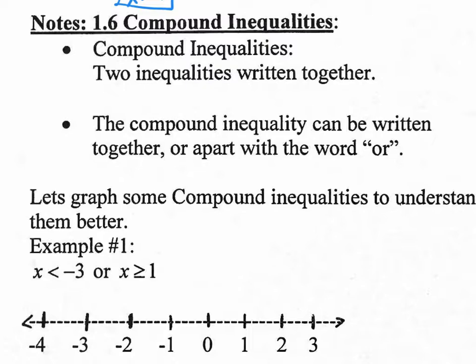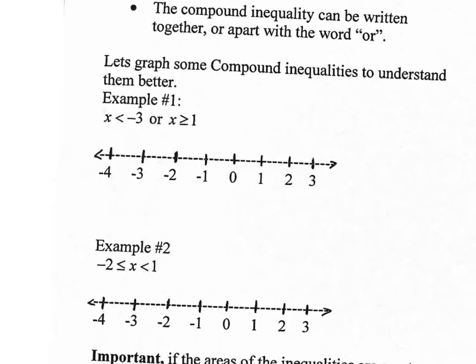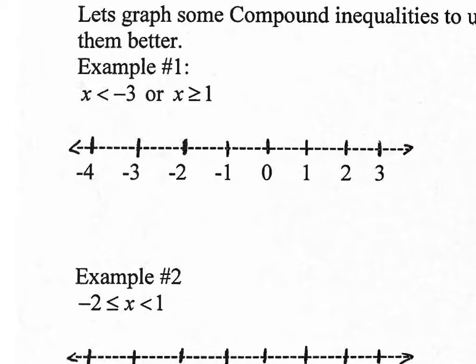When we talk about two inequalities together, they might be written together, or they might be separate with the word or. So let's graph some compound inequalities. This is technically a compound inequality because there's the word or between them, but it's really just like graphing two inequalities on one number line.